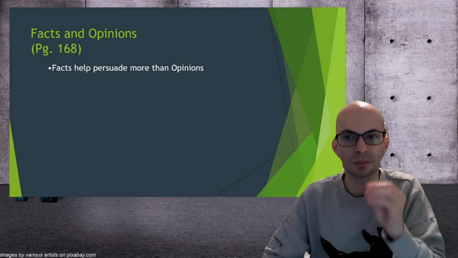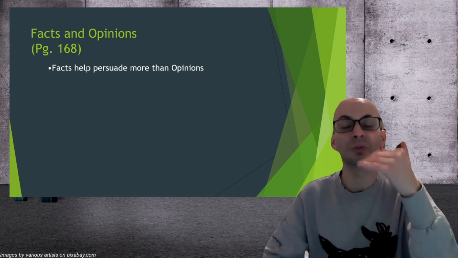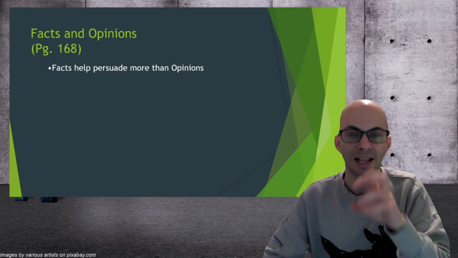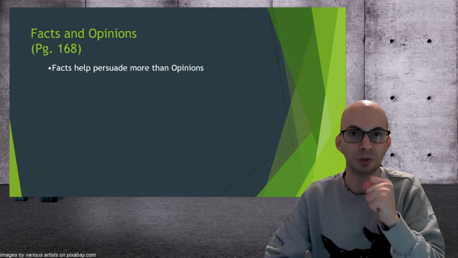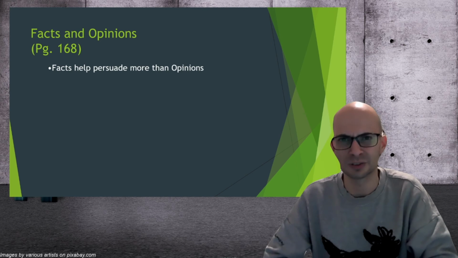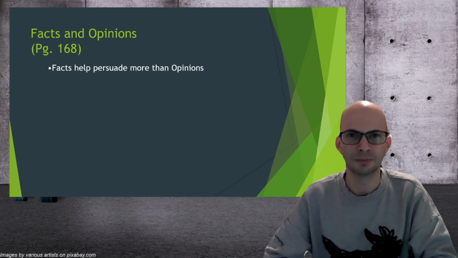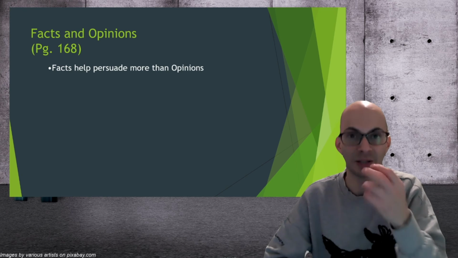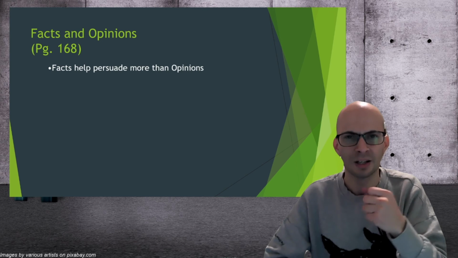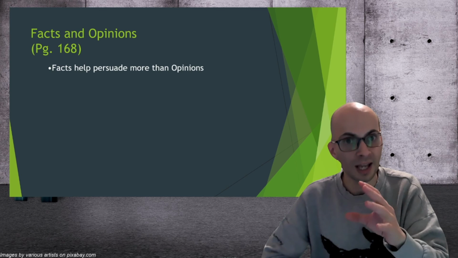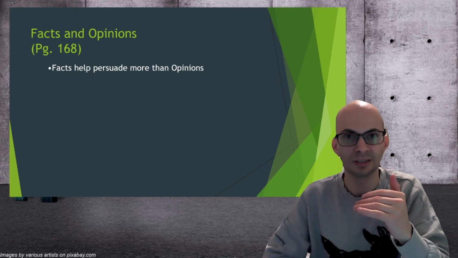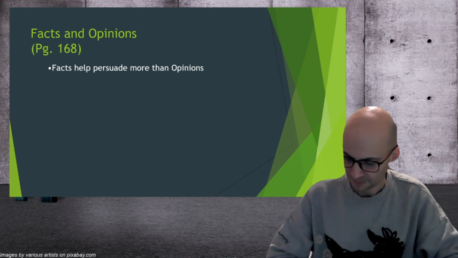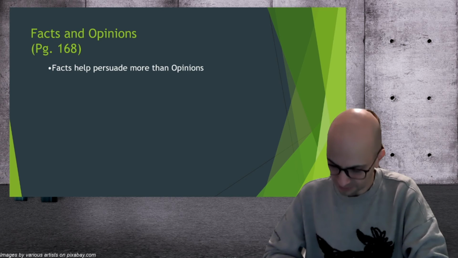Something that is a credible source that is providing a fact that makes it sound so much stronger to your paragraph. Just sharing someone else's opinion doesn't really carry the same power or weight. So find some facts, and if you can, cite the sources of those facts. And that's very important.